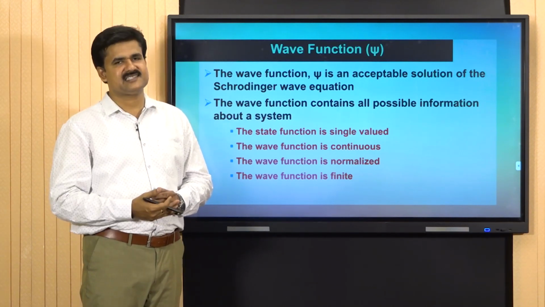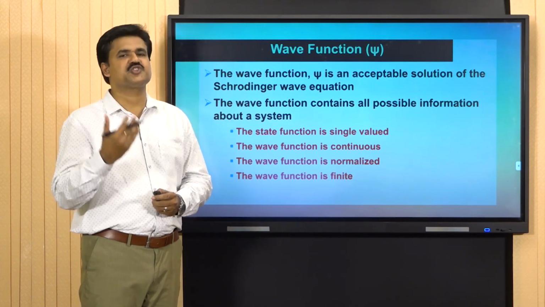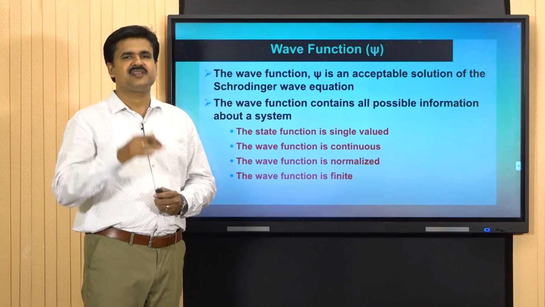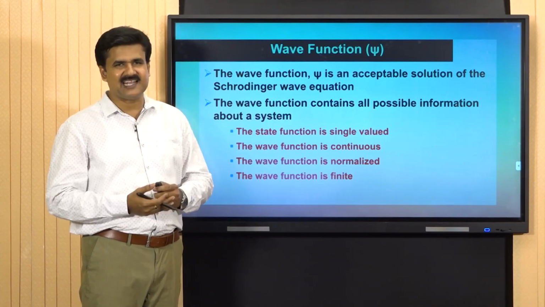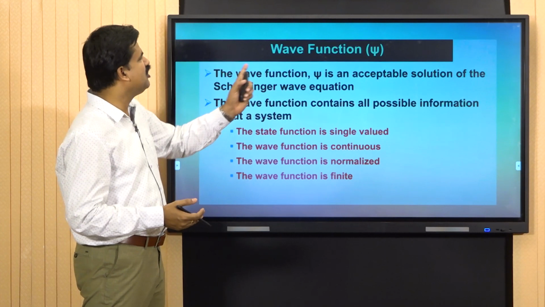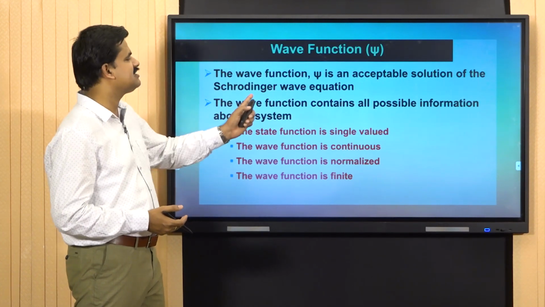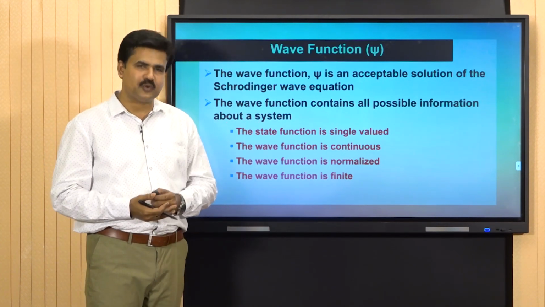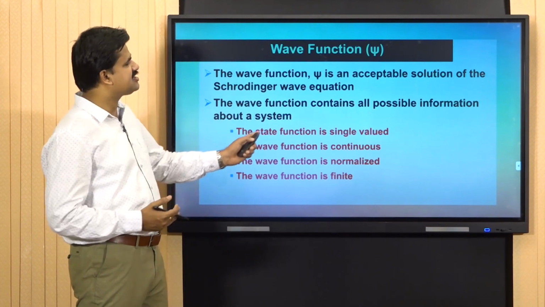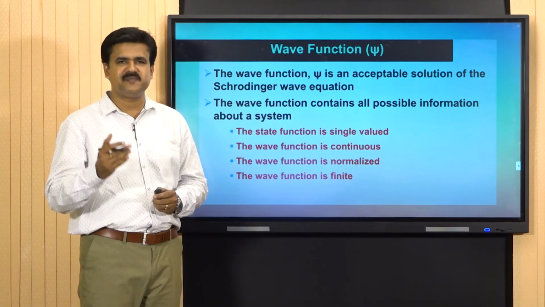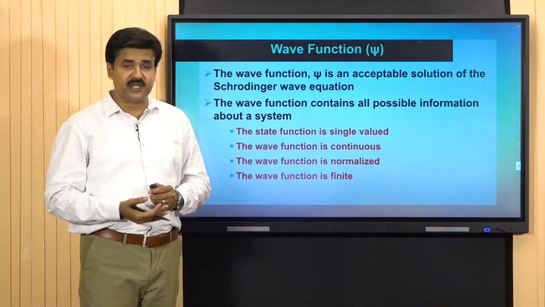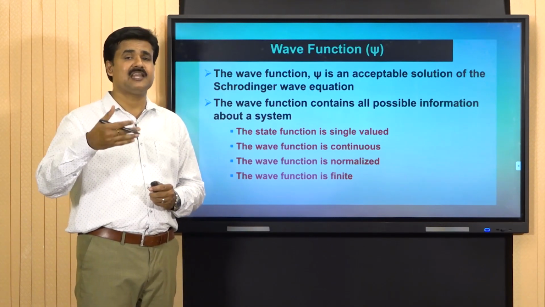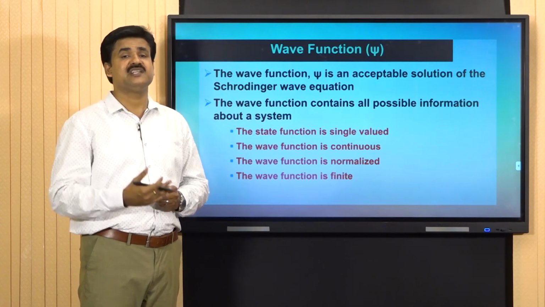Well behaved means a function should be single valued, continuous, finite and normalized. Similarly, the wave function psi has all these four properties. That is, the state function psi must be single valued. The wave function psi is continuous, that is, when graphically plotted, there should be no discontinuity.